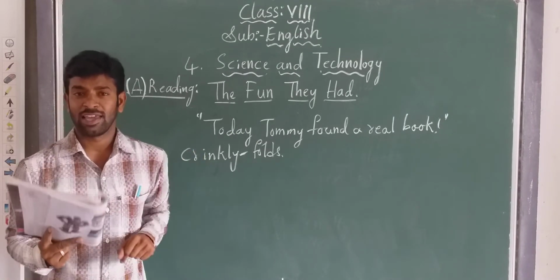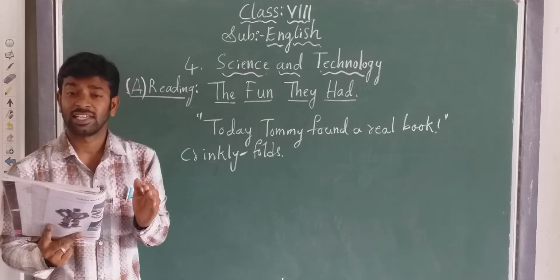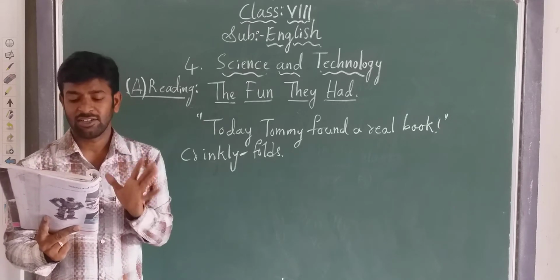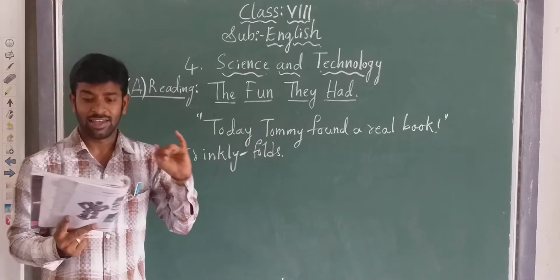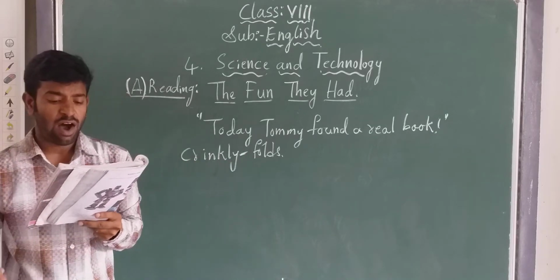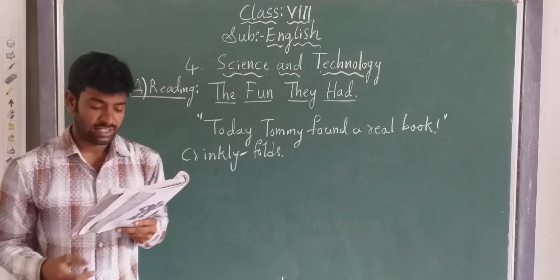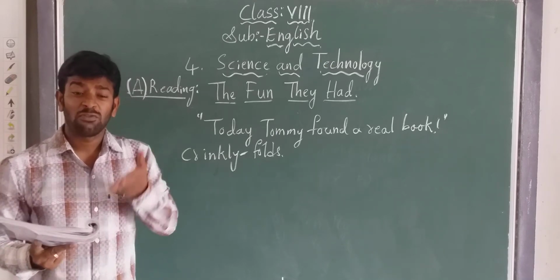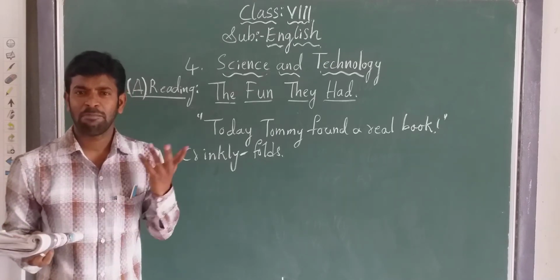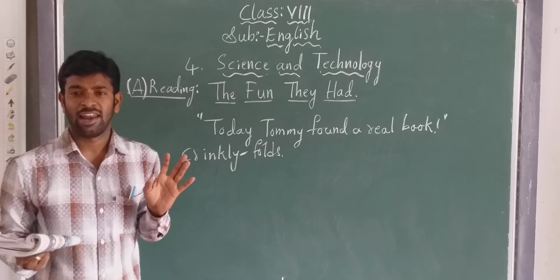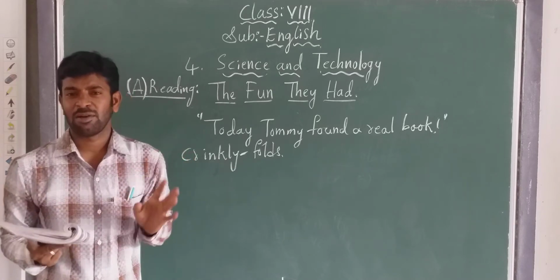"G," said Tommy. Sorry, not C. This is a G. Said Tommy. The other boy also came here. "Yes," said Tommy, "what a waste." Tommy is telling them what a waste. Now we are getting freshly prepared papers with good printed handwriting, but this kind of paper is not seen.